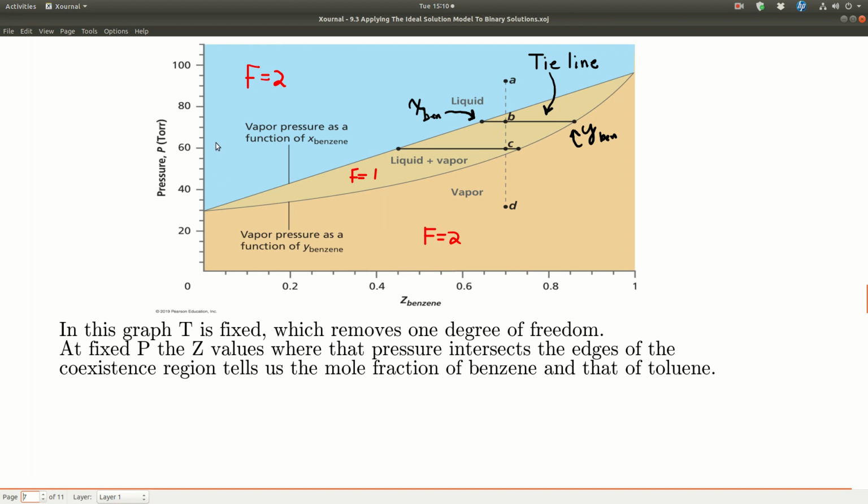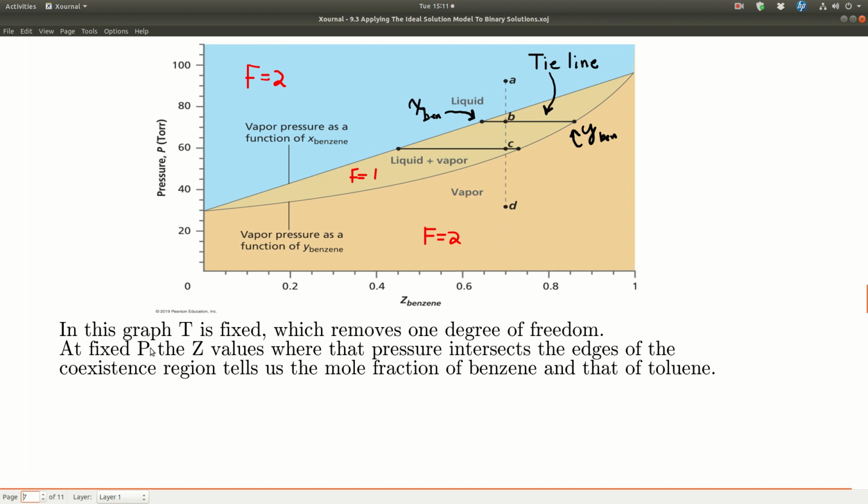So if you looked at a fixed value of P, the pressure, you follow that line across, wherever that line intersects this line right here, the coexistence region, the value here for Z will be the mole fraction in the liquid phase. Wherever it intersects this line here, the other side of the coexistence region, that value of Z will be the mole fraction of that component in the gas phase.